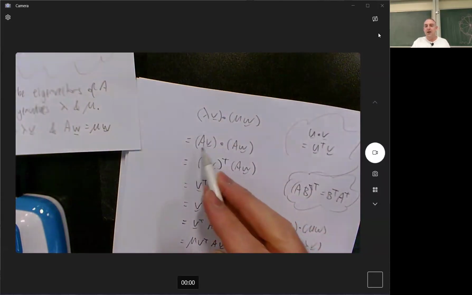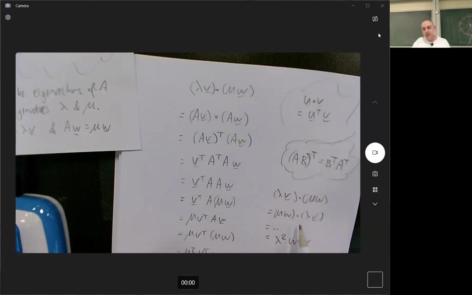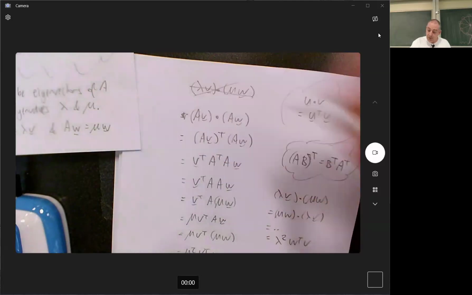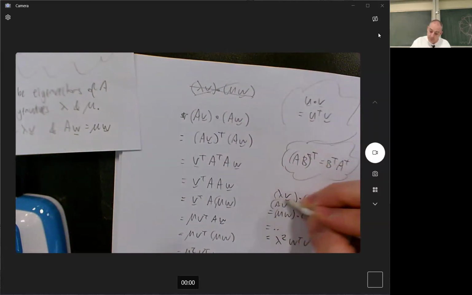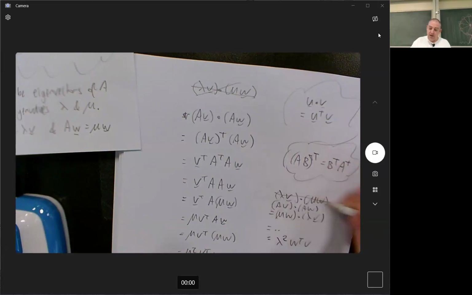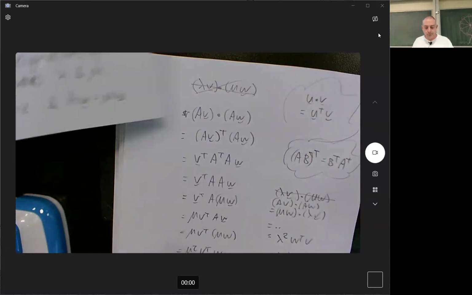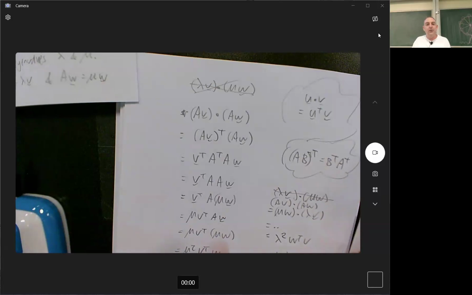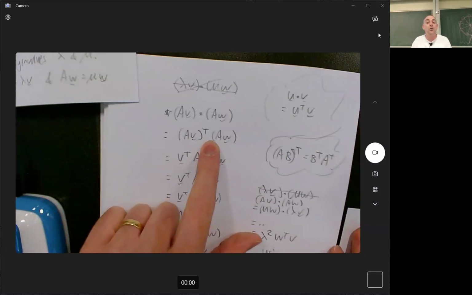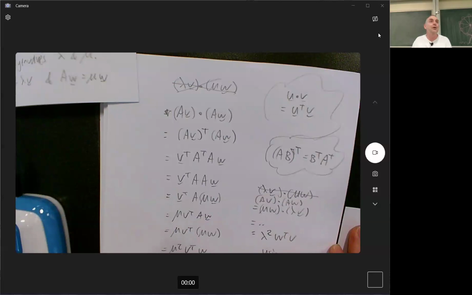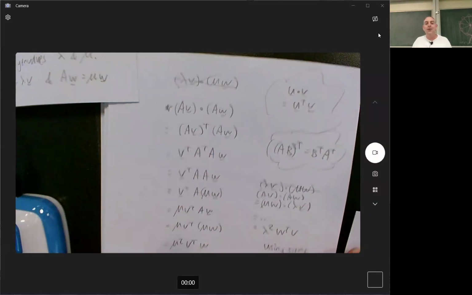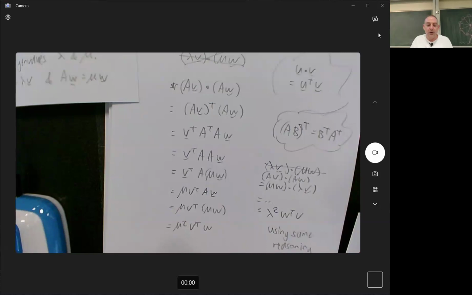It would have been fine to just start with the Av dot Aw because that's here as well. I could have started in that spot and it would have worked fine. And then I did what I could do. I did the things that I knew, and I thought of new things I hadn't thought of before. And then tried my very best to get it to a point where I could use the other information I had.